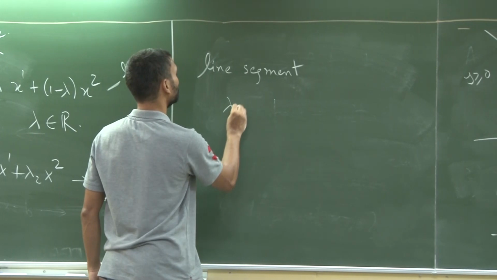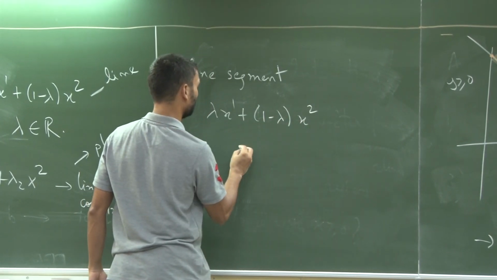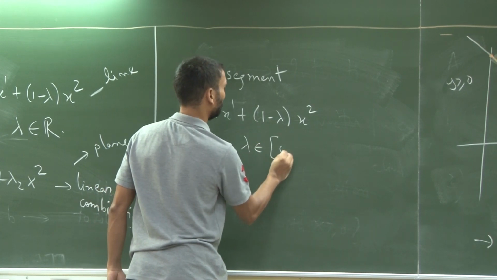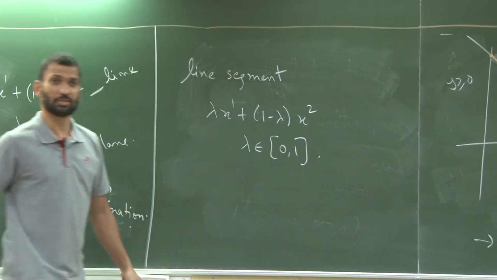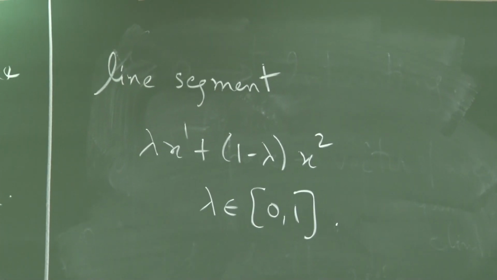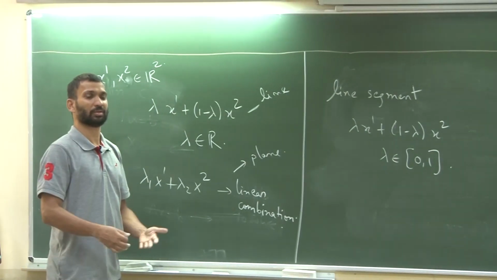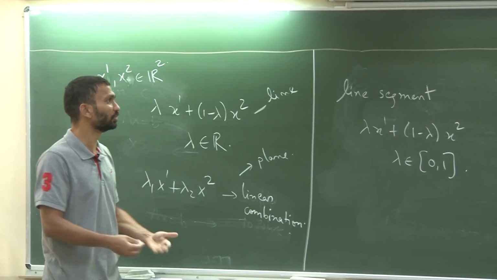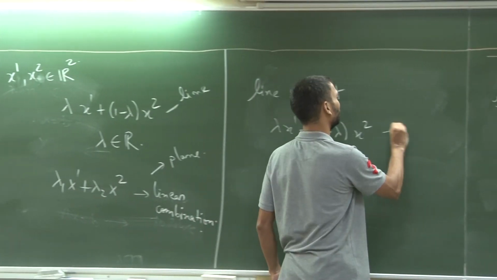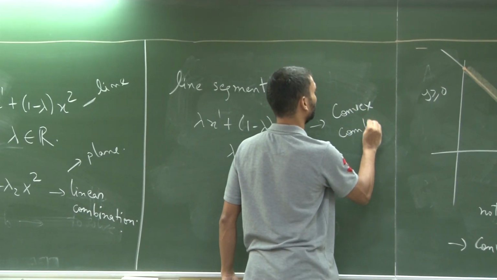Right. So it is lambda x1 plus 1 minus lambda x2 such that lambda is in 0 to 1. Right? So this is called convex combination. This is going to be important.